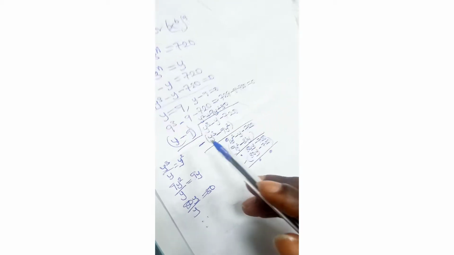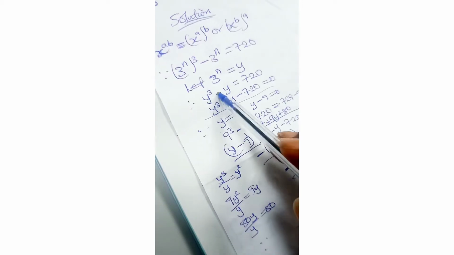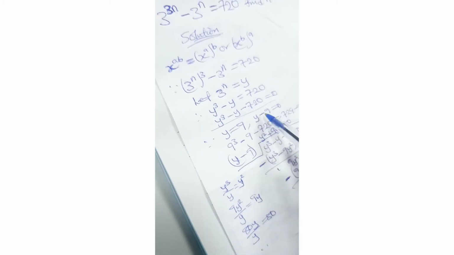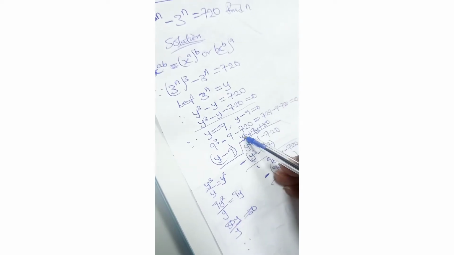Then meaning we've gotten one of the factors of this equation. We've got one of the factors to be y minus 9. Therefore the remaining factor is this.